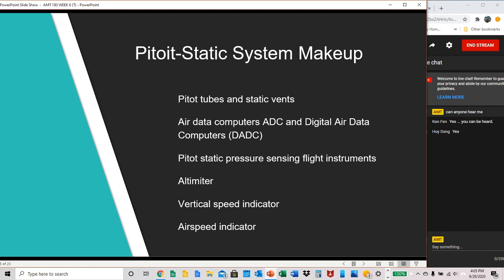These are some of the instruments and associated components that make up the pitot-static system. So we have pitot tubes and static vents. In a digital reading system, we can also have our air data computers, also called ADC, or digital air data computers, DADC. Pitot-static pressure sensing flight instruments, which again are our altimeter, vertical speed indicator, and our airspeed indicator.